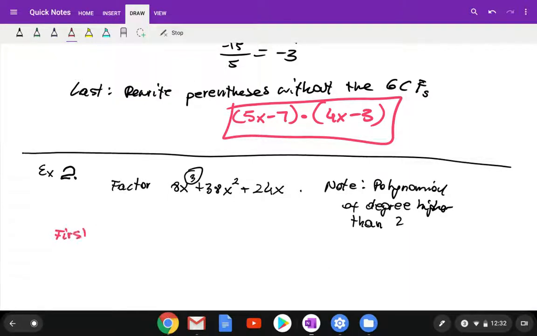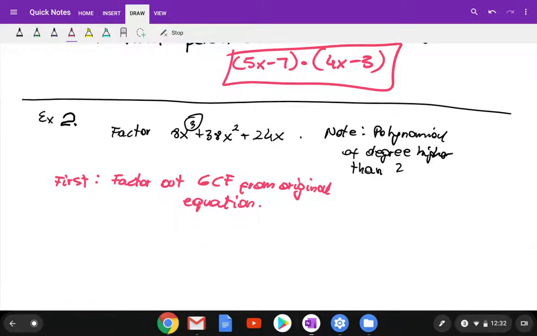All the time when a polynomial has degree higher than 2, first you need to factor the GCF from the original equation. Don't forget that your original GCF, which you factor at the beginning, you always keep in your final answer by the end. So let's find the GCF of 8x to the third power plus 38x squared plus 24x.